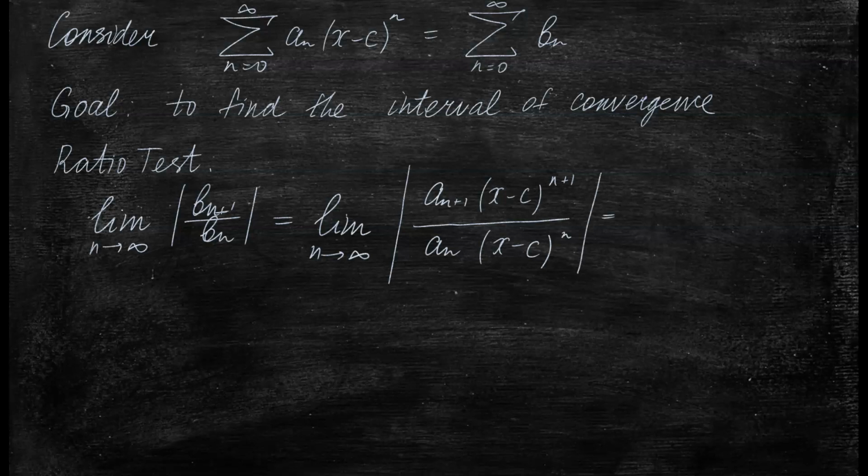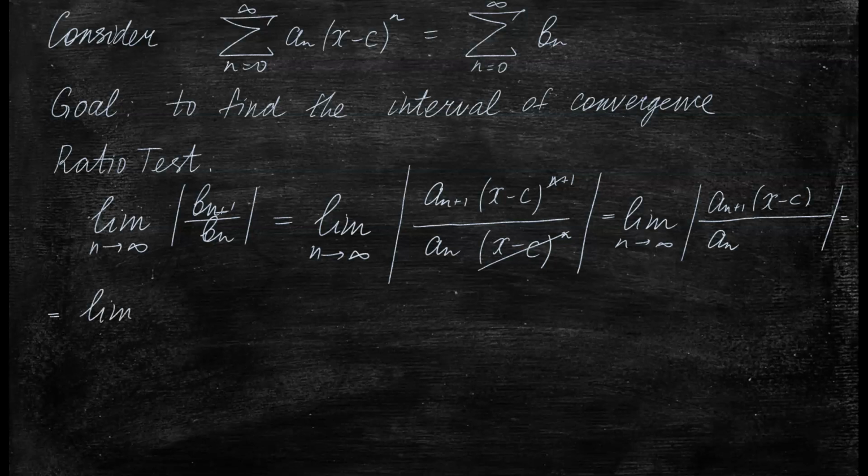Let's simplify. x minus c to the power n and x minus c to the power n plus 1 have a lot in common, so we can reduce by everything. And now we can take the x minus c outside of the absolute value expression.